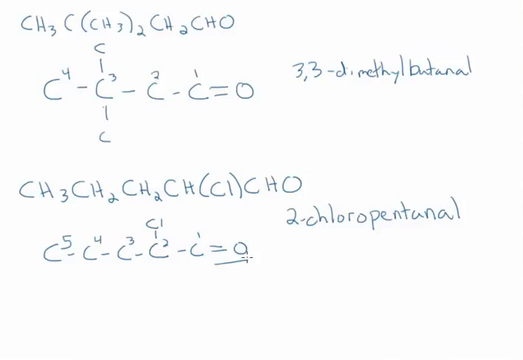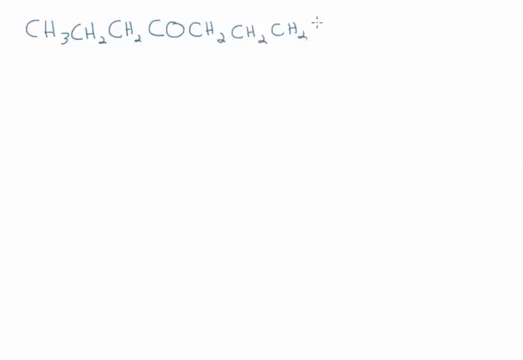Ketones are not quite as simple because that double bonded oxygen is in the middle. The condensed format looks like this. You can find the carbonyl group right here, where we have CO. You know it has to be double bonded because this carbon needs 4 bonds. One's this way, one's this way. The other 2 must be with the oxygen.